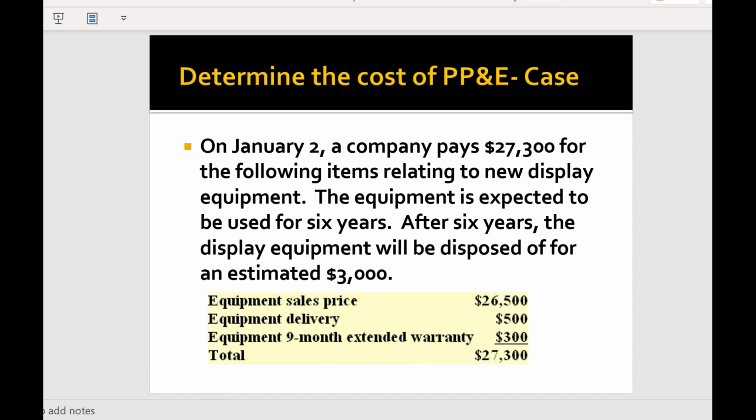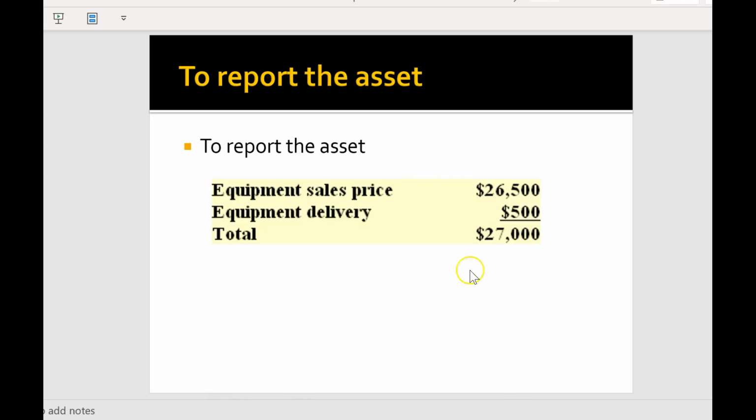Now, going back to what are the cost of the equipment, it should be any cost to prepare the equipment for use. Now you can see sales price, of course, delivery, of course. If you don't have those, you don't have the asset. But the 9-month extended warranty would be something that happens after the PP&E is in use. So it is not considered a portion of the total cost. So when we report the cost of the PP&E, it would be the sales price plus the delivery.